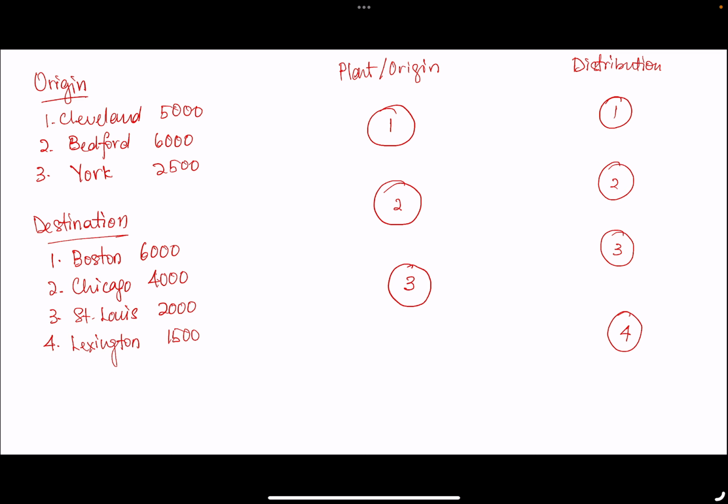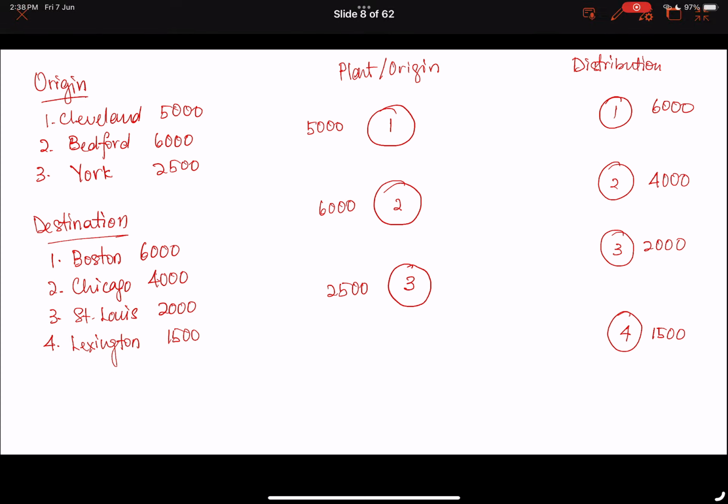For each one of these, we write down our production capacity on the left hand side. So we have here 5,000, 6,000, and 2,500. And on the right hand side, we write down the demand: 6,000 units, 4,000 units, 2,000 units, and 1,500 units.